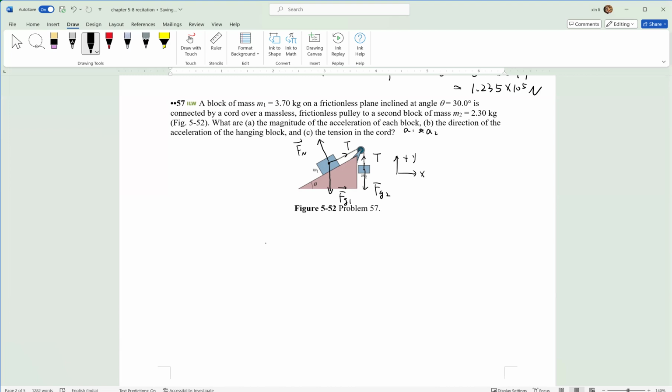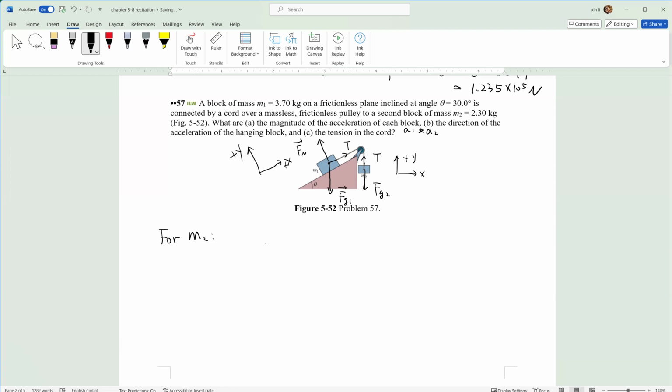But for M1, usually our direction of motion is the positive x direction. So for M2, it's easier for us to define our x and y like this, okay? X and y.